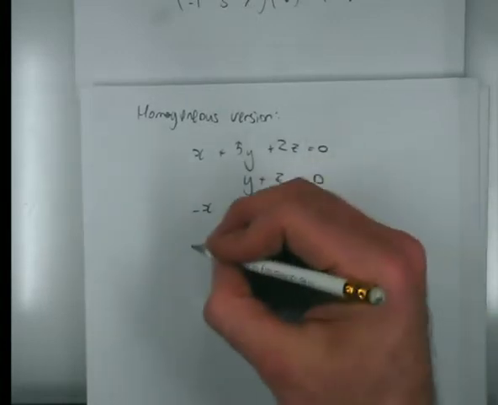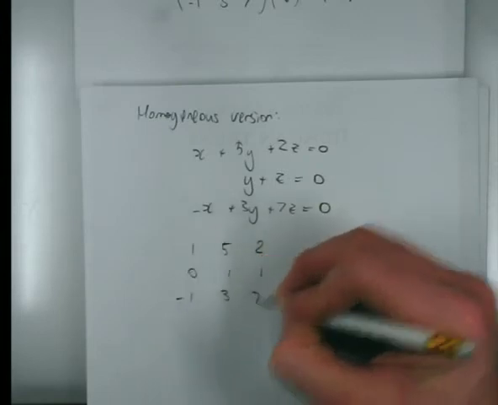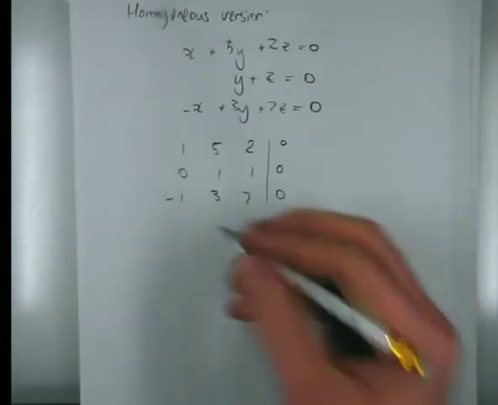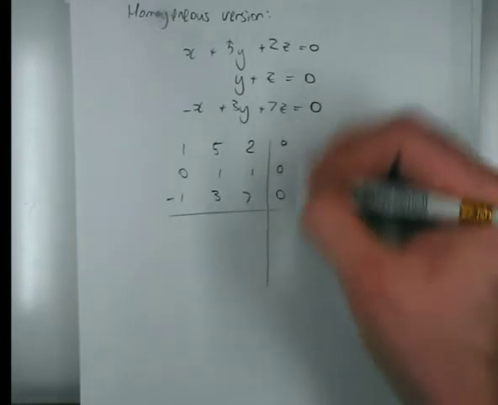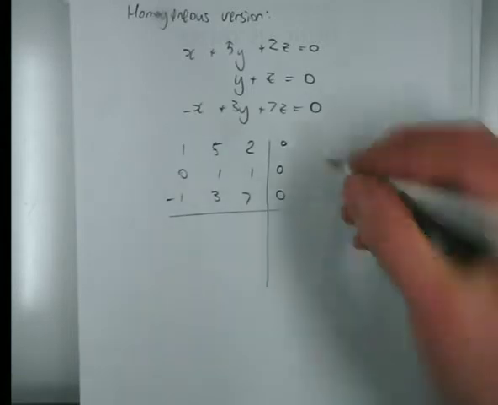Okay, and so I'm going to have to do my matrix thing. And the nice thing is that when I do my row operations, this bit isn't going to change. It'll always be 0 because that's how row operations work.